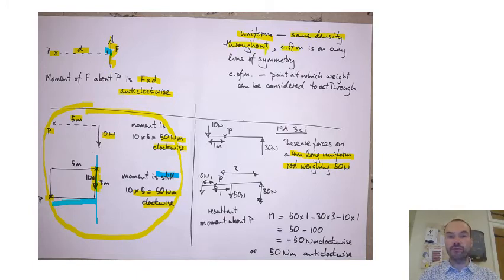The center of mass is on any line of symmetry. It's in the middle of the rod. It's bang in the middle of a rectangular plate. What do we mean by center of mass? Center of mass, the point at which the weight can be considered to act through, the point at which we're going to draw the weight.